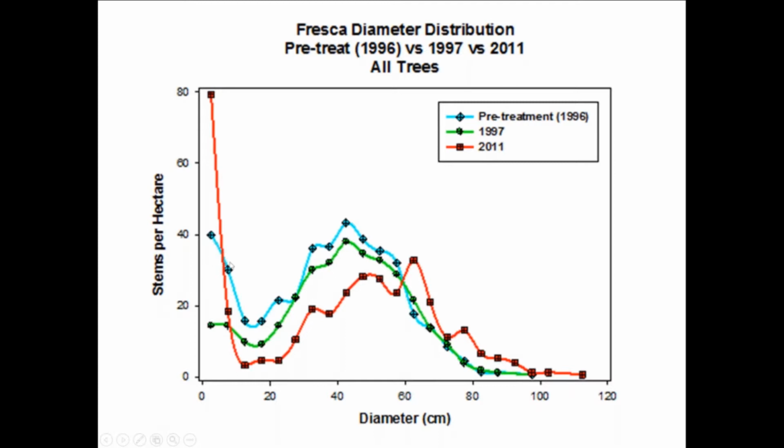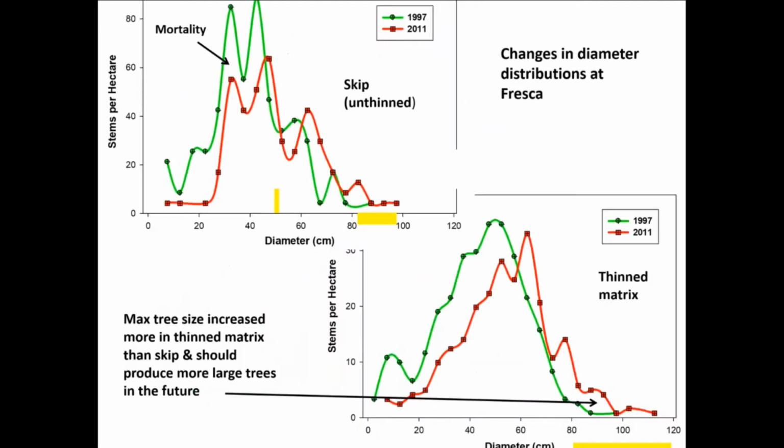So you can see that the thinning didn't remove any trees or very few trees in the larger diameters, and then did kind of a light thinning through the middle and smaller diameters. And then in the very smallest diameters, these wouldn't have been removed by the thinning per se, but damaged from forest operations.